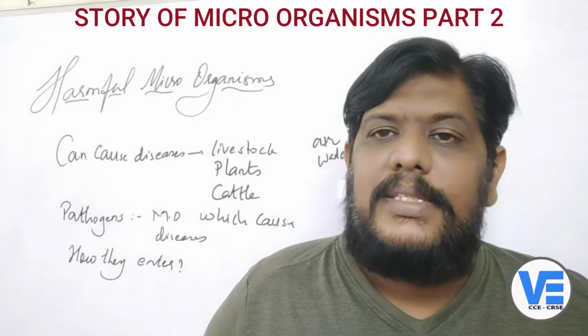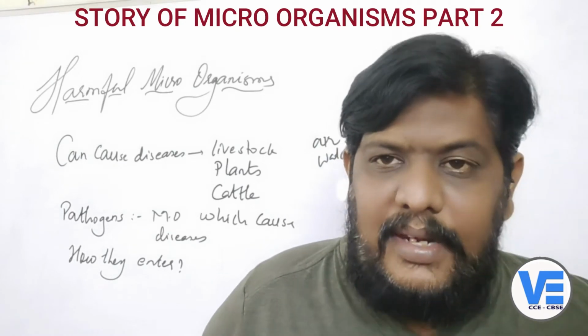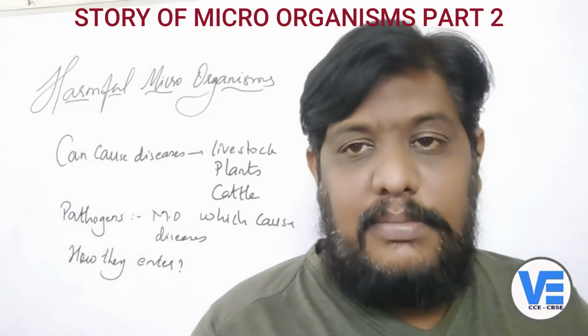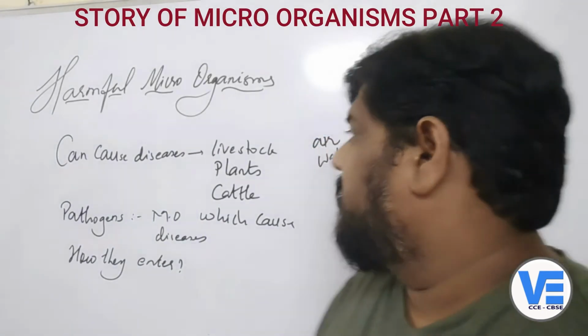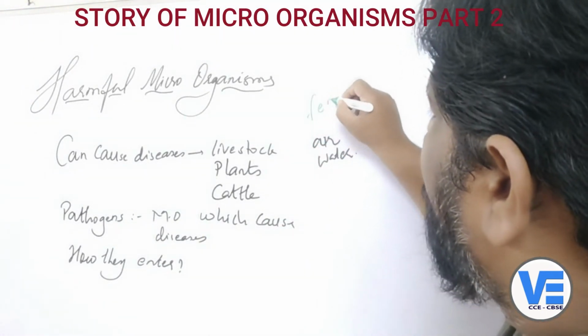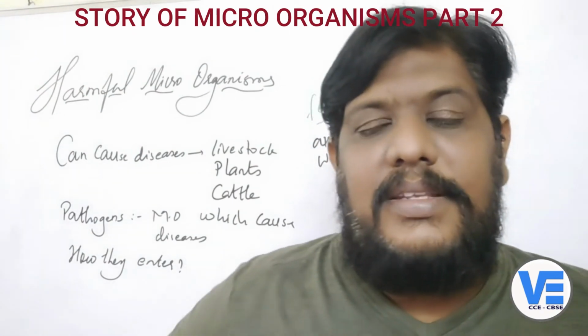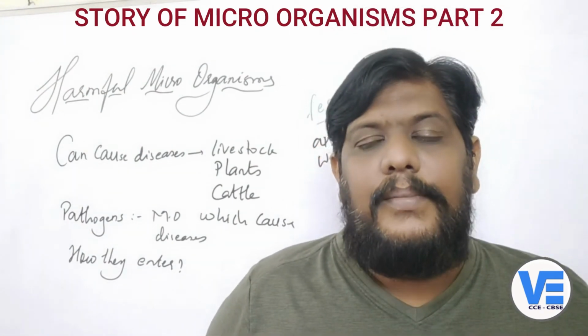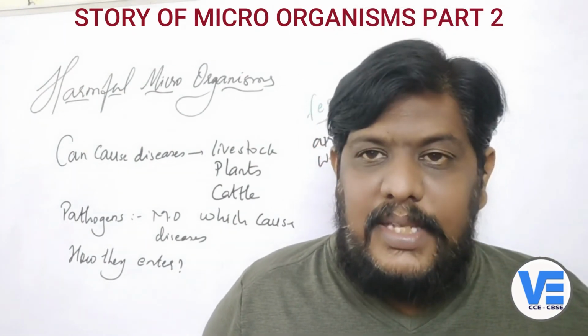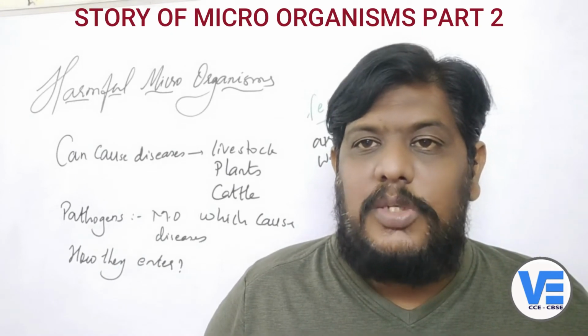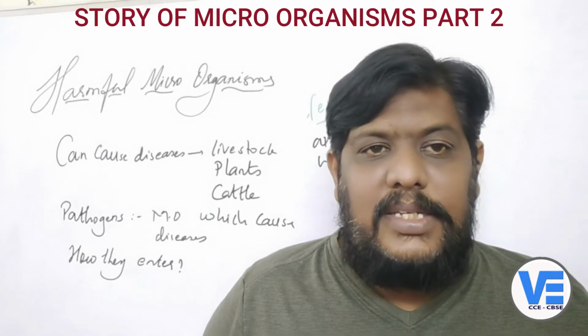And this microorganism is carried in the female Anopheles mosquito. So this female Anopheles mosquito is a carrier, a vector for the disease called malaria, which is caused by the plasmodium parasite.